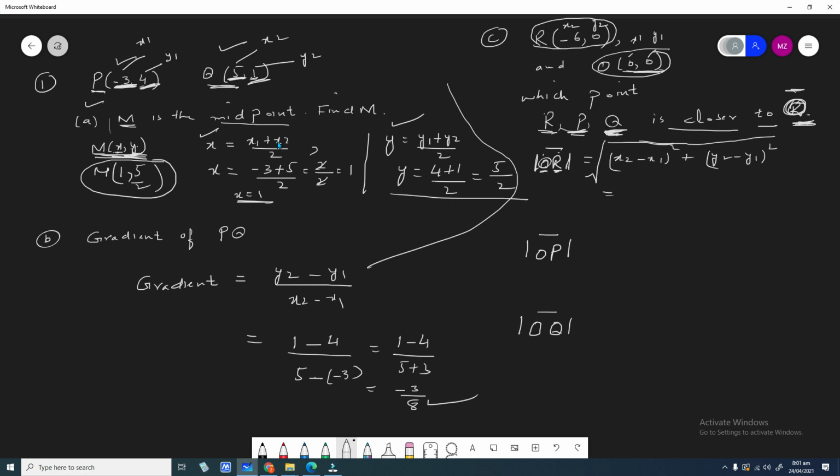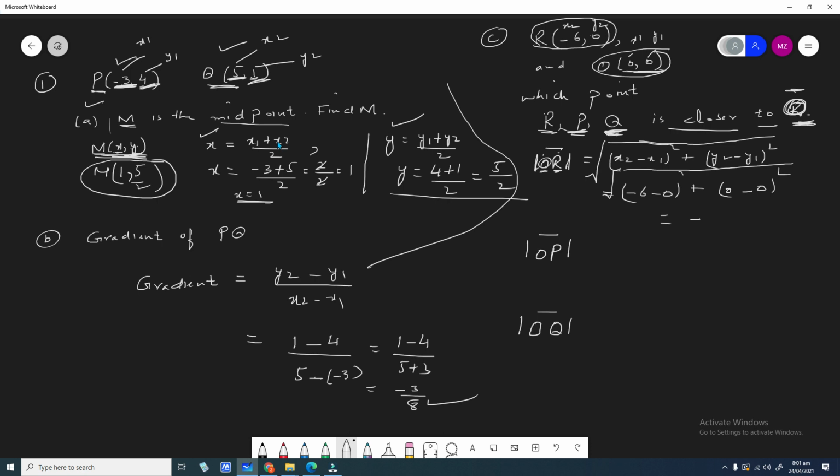x2 means minus 6, so (minus 6 minus x1, which is 0) whole square plus (y2 minus y1, again 0) whole square, so it will become minus 6 and minus 0.